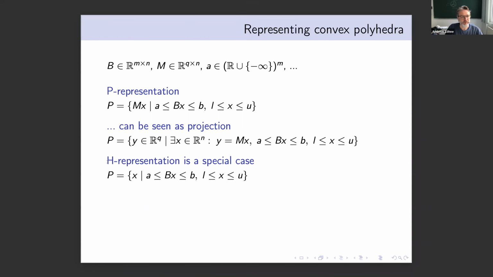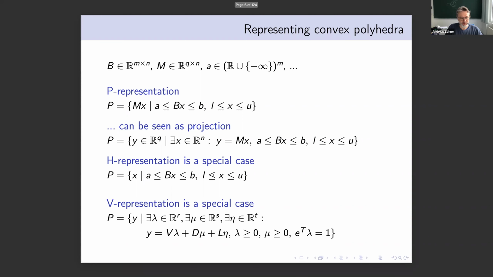The H representation, also called inequality representation, is a special case. If we set M to the unit matrix, then we obtain an H representation. And what is also very common is the so-called V representation.